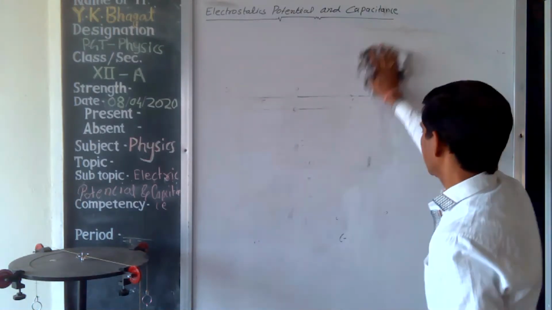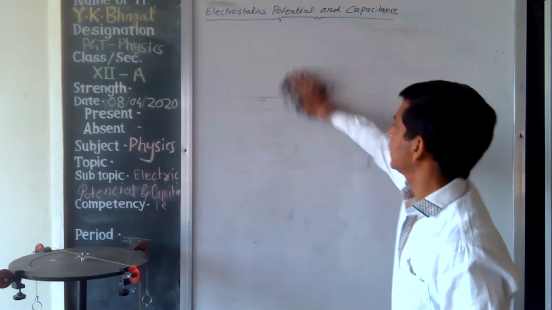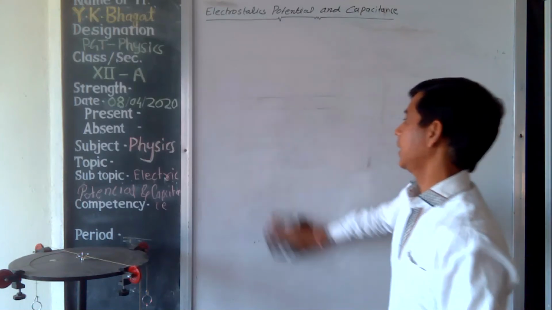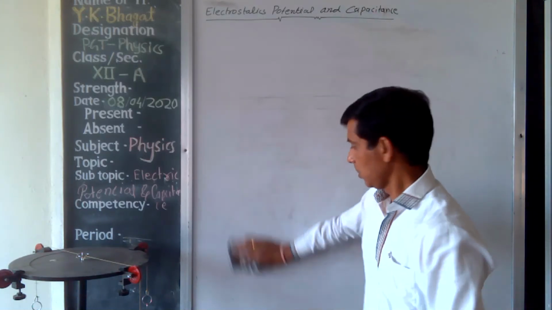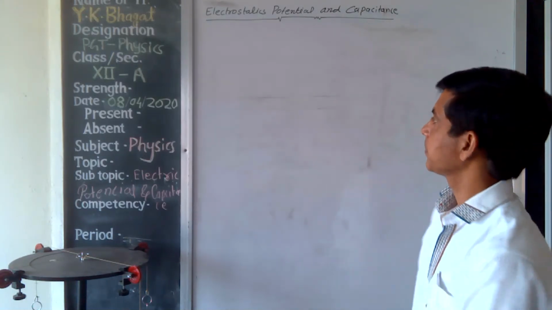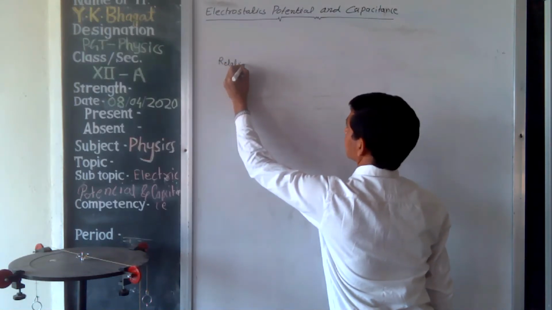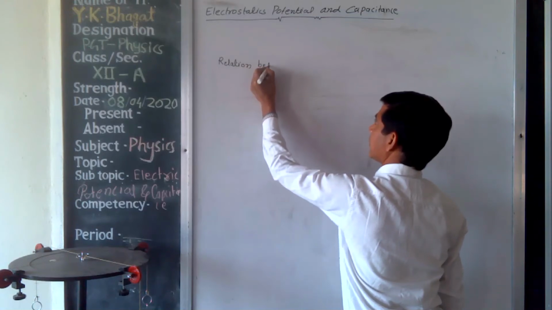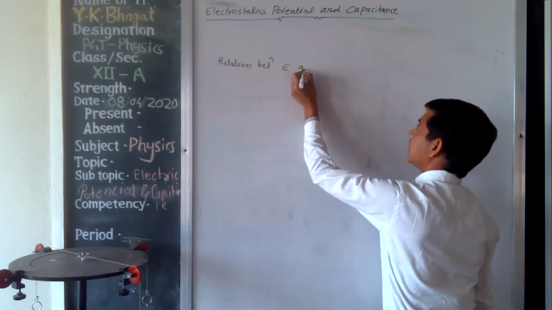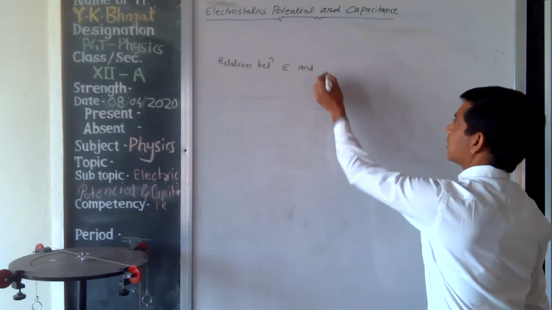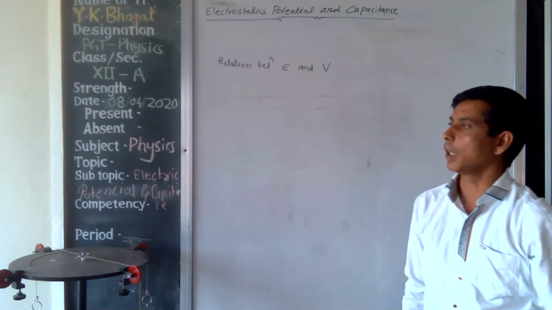Now we find out the relation between electric intensity and electric potential at any point due to a point charge. Relation between E and V, electric intensity and electric potential.